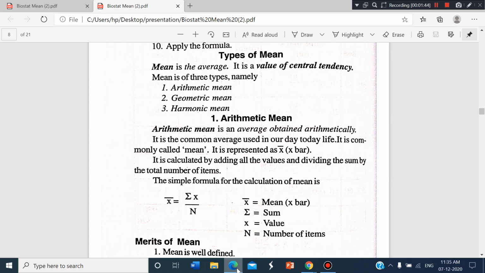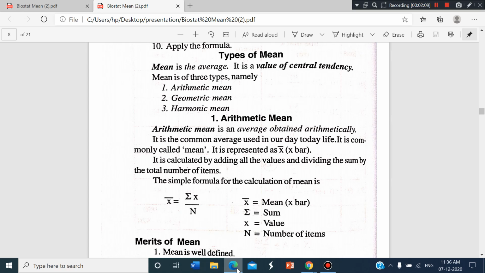So all of you know arithmetic mean is the average obtained arithmetically. It is the common average that we use in our day-to-day life. Suppose I ask you to calculate the average mass score, or the average height, average weight, or the average number of coconuts yielded by a coconut tree, then you will go for the arithmetic mean, which is the simplest one.